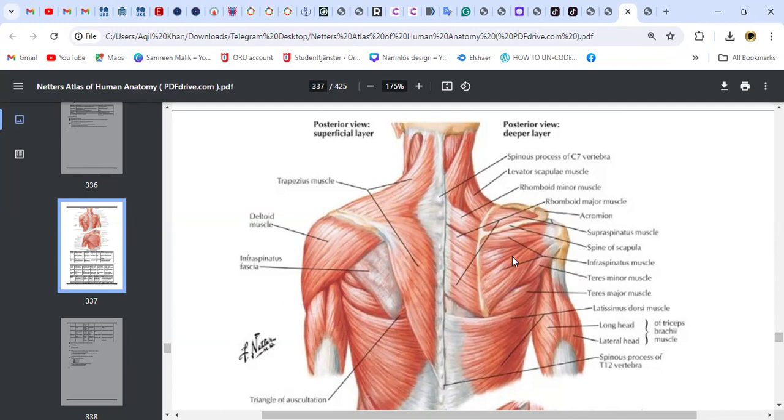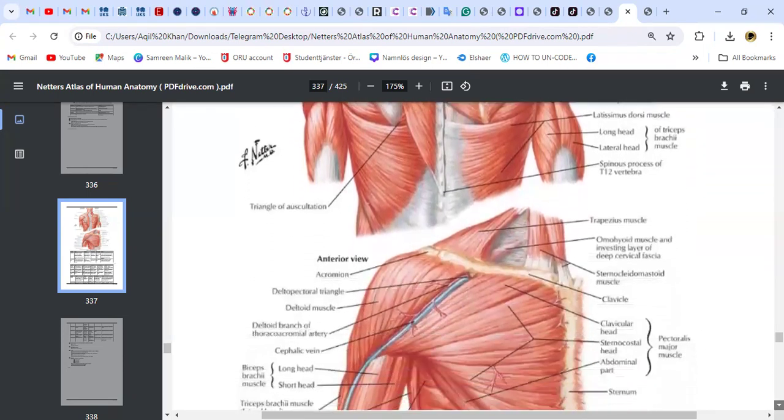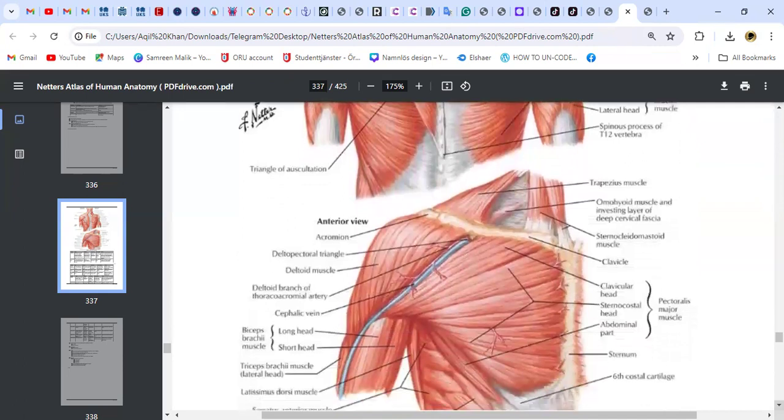Right. Now one muscle, subscapularis, is left. In this image, I cannot see subscapularis, so we'll move below. Maybe it's visible in the below image.